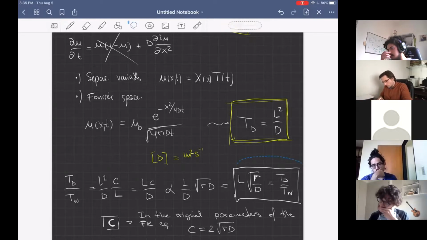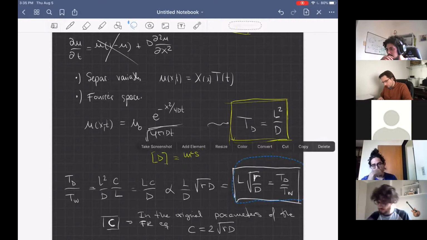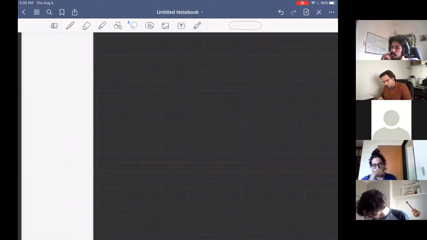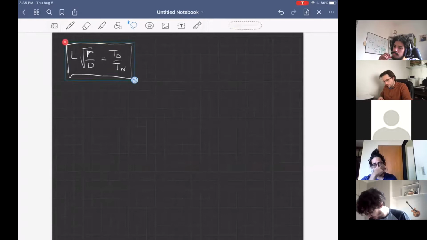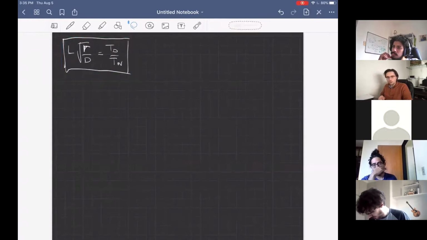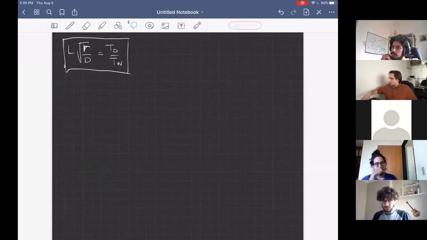So let's take this to the next page. So who wants to discuss this result with me? Who wants to tell me something about this ratio?